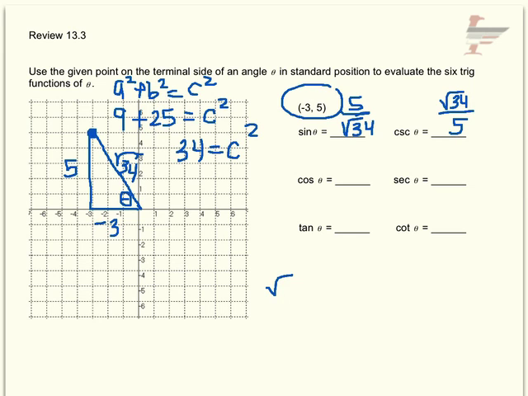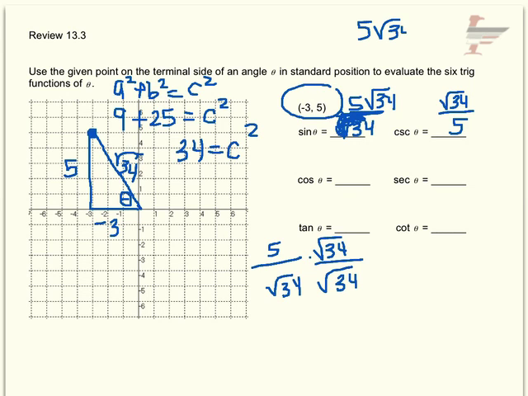But I need to go back to sine, because sine is not rationalized. So if I write 5 over the square root of 34, I have to rationalize the denominator. Silly me. So I multiply by square root of 34 over square root of 34, and this is actually 5 root 34, and sorry, I can't erase this now, but that is not a square root. So sine is 5 root 34 over 34.